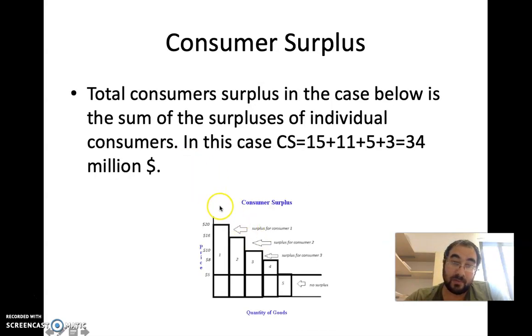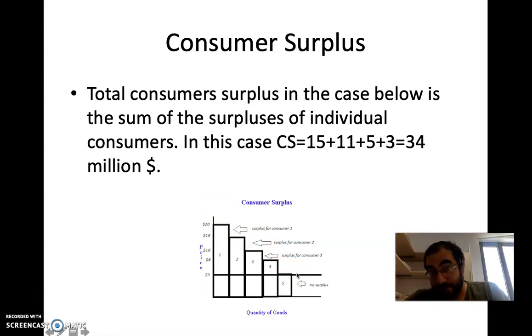So now we will use a trick. Let's assume we connect the edges of these rectangles and get a triangle.